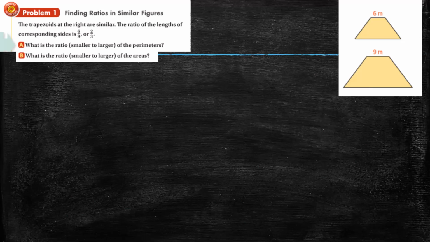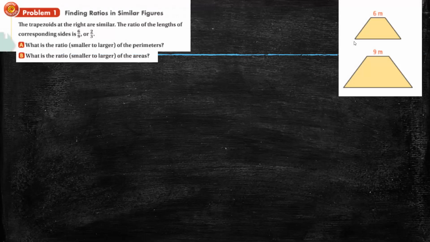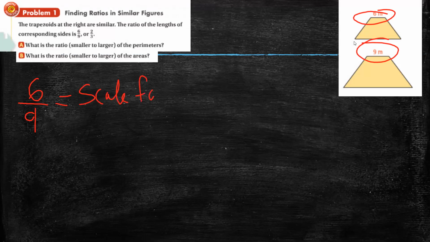The question tells me that the ratio of the corresponding sides is 6/9, which will be the scale factor, or we name it A/B.